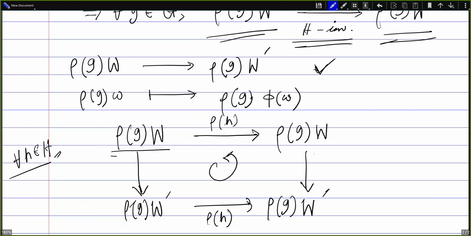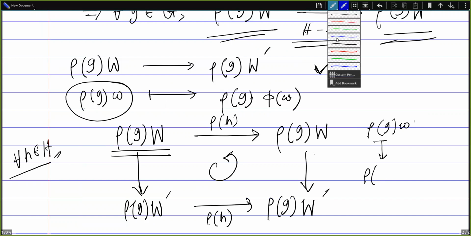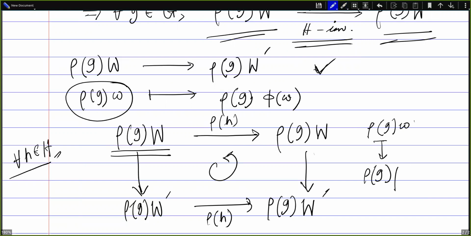Start with a typical element here, which is this. Once we apply rho_h to it, rho_g(w) goes to rho_{hg}(w). Recall that hg is some g h dash. Therefore, what we have is rho_g rho_{h dash}(w).